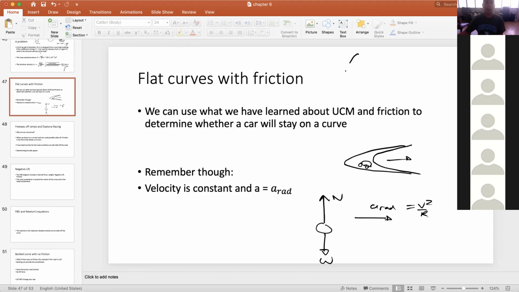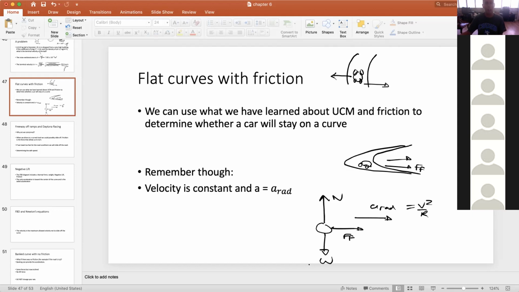But then what do we have going on here? Now, overhead view of a car on a road. As it's trying to turn that way, it's actually pushing on the road. That pushing means that the force of friction is actually acting to the inside of the turn. It's the force of friction that is pushing your wheels and allowing you to turn.